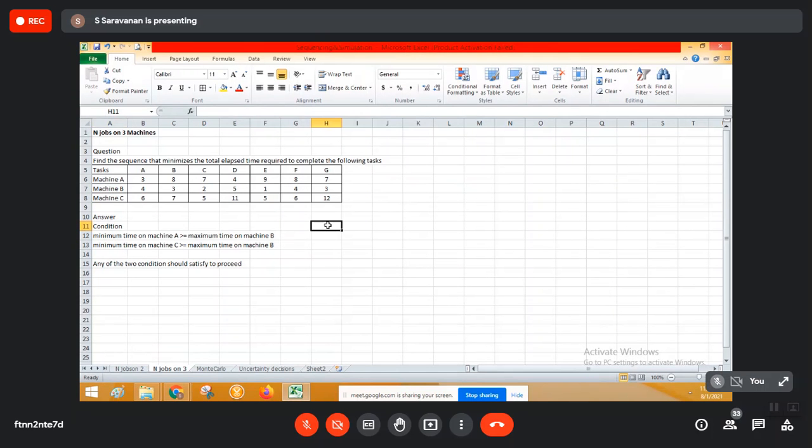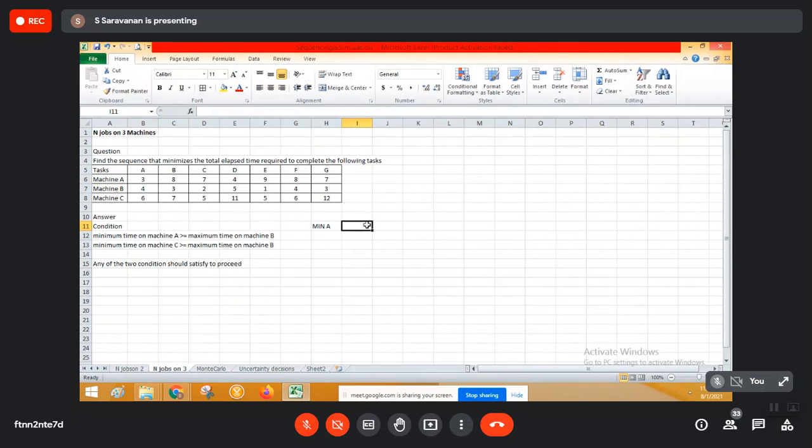Let me know what the minimum time on machine A is. Minimum on machine A is 3.